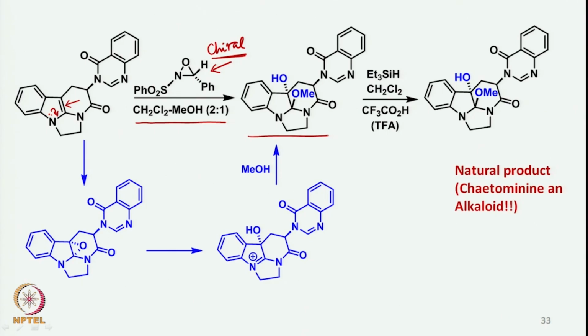and this can be converted to the corresponding... actually it should be hydrogen here. So what happens is the epoxidation takes place from the alpha side to form this alpha epoxide, because this group is a large group which is beta.